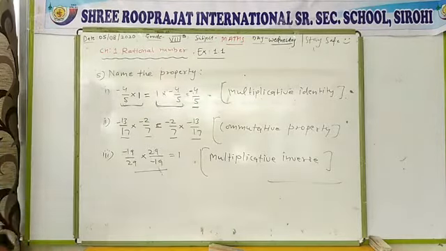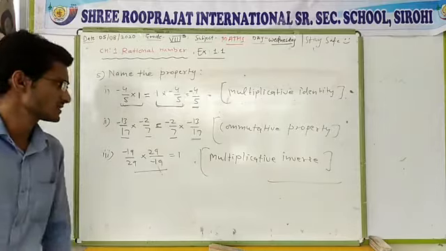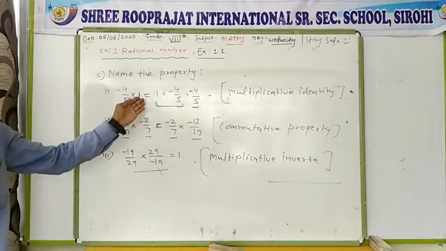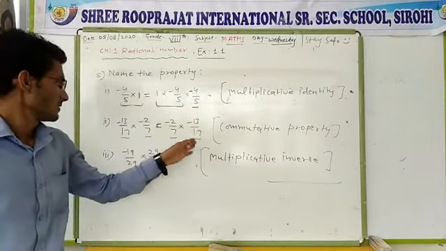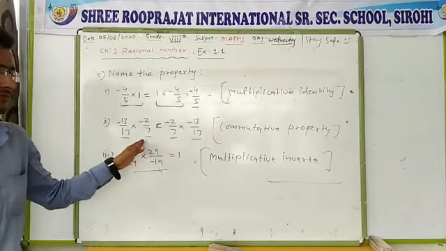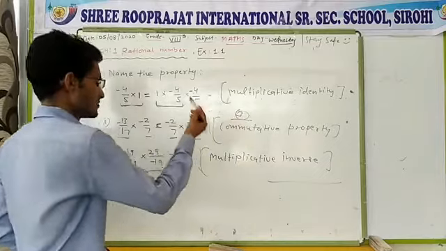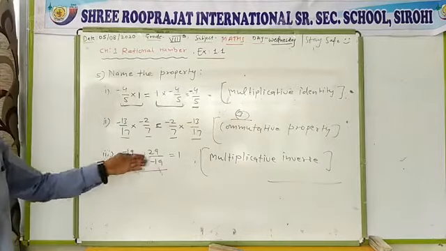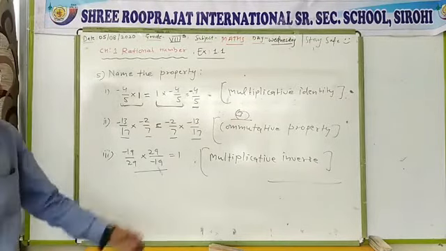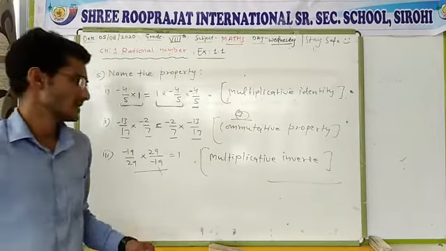Okay, so these are the properties used in those questions. Multiplicative identity, because we multiply by 1; then we multiply in two different orders, that's why it is called the commutative property. If three numbers are given, then it is called the associative property. And then we multiply with reciprocals, so it is the multiplicative inverse.